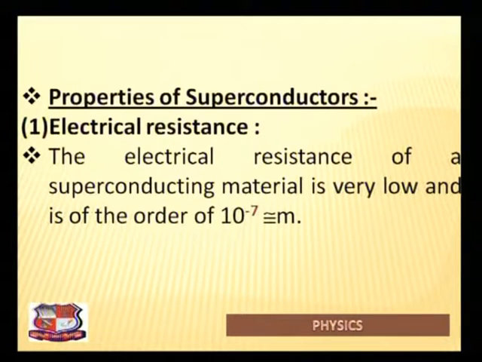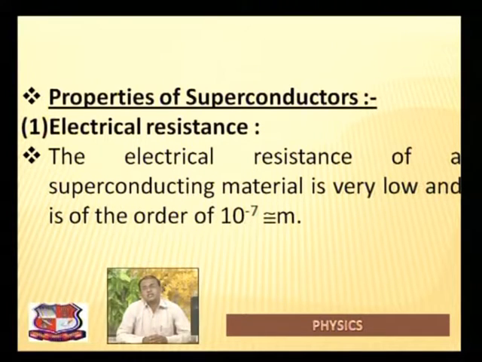The first property of a superconductor is electrical resistance. As shown in the definition of a superconductor, it possesses zero electrical resistance.